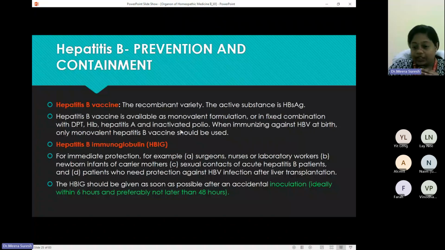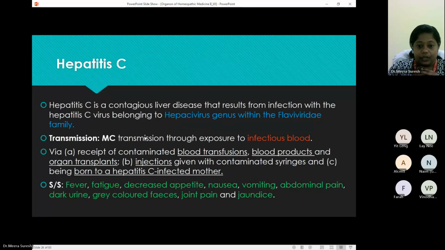When immunizing against HBV at birth, usually it is the monovalent vaccine that is given. So at birth, it is monovalent, that is only HBV is given. But in combination, we can give it at a later stage. And hepatitis B vaccine is mandatory in Malaysia at the time of birth, along with BCG.